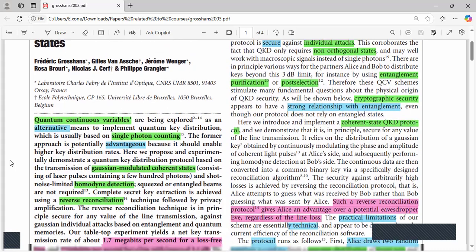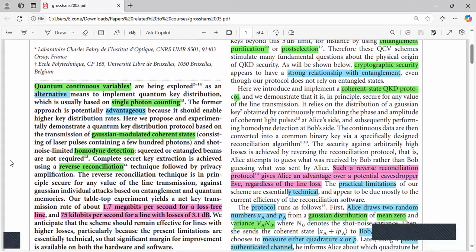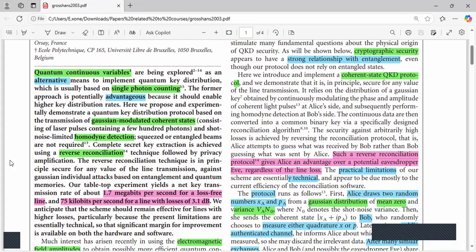Moving on to the abstract, they first talk about the alternative to photon counting, the quantum continuous variables of light, and say that it is more advantageous over single photon counting, as we have higher key rates with these coherent states.